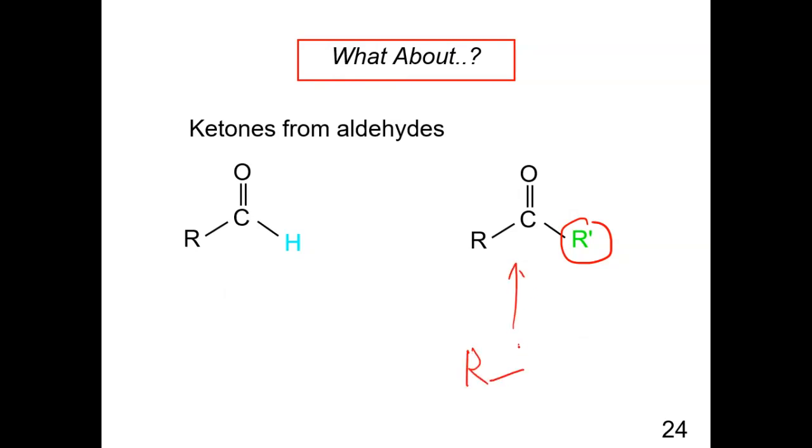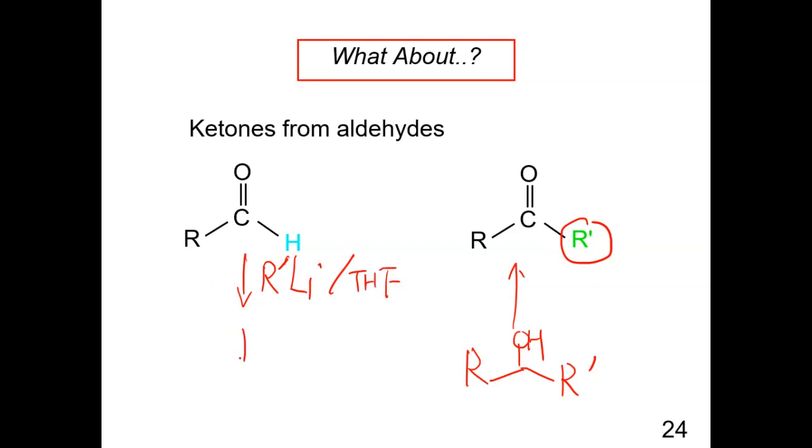if we have a secondary alcohol, then we can oxidize the secondary alcohol and get a ketone. Then can we get the secondary alcohol from this aldehyde? Yes, we can do that. We learned in chapter 15 that we just need an organolithium in THF.